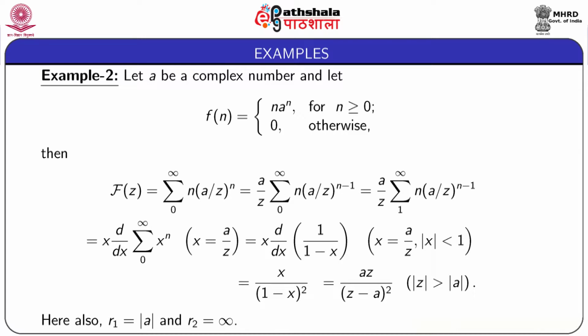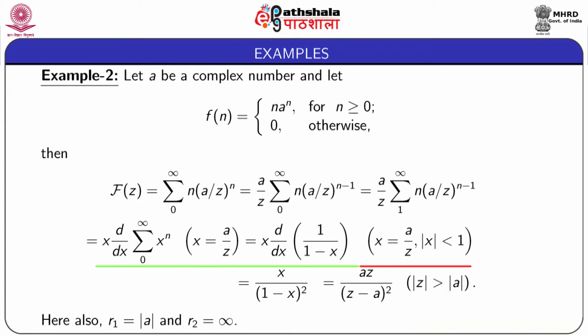If we substitute x equal to a by z, this can be written as x into d dx of the summation n equal to 0 to infinity of x to the power n, and this summation from n equal to 0 to infinity of x to the power n is 1 by 1 minus x for mod x less than 1.